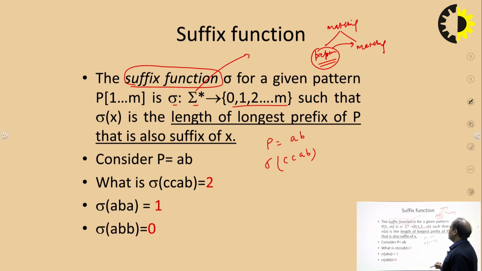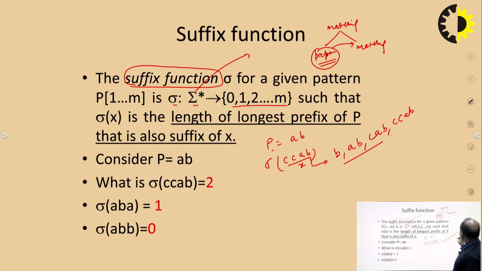Sigma of x is the length of the longest prefix of P that is also a suffix of x. That means we are interested in the suffixes of x and the prefixes of P. What are its suffixes? Its suffixes are B, then AB, CAB, and then CCAB.